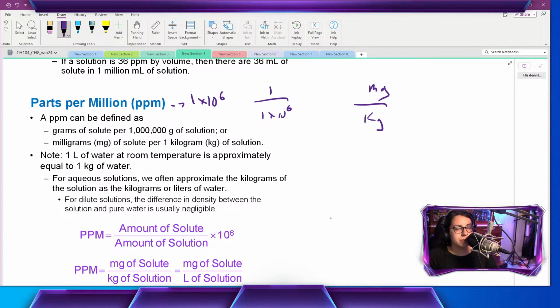This gives us our 10 to the 6 difference. Milligram is 10 to the negative 3 times our base unit. Kilogram is 10 to the third. So there's our 10 to the 6 difference. That means you find out how many milligrams of your solute you have versus your kilograms, and that would give you your part per million.